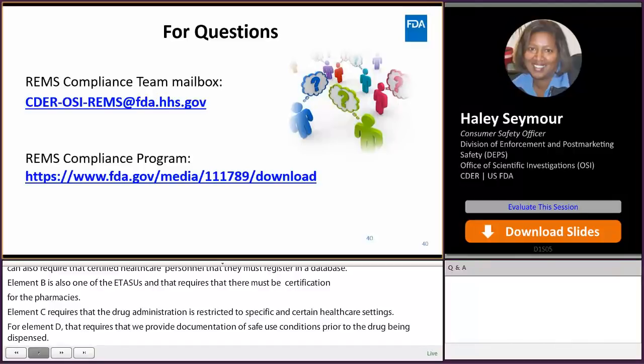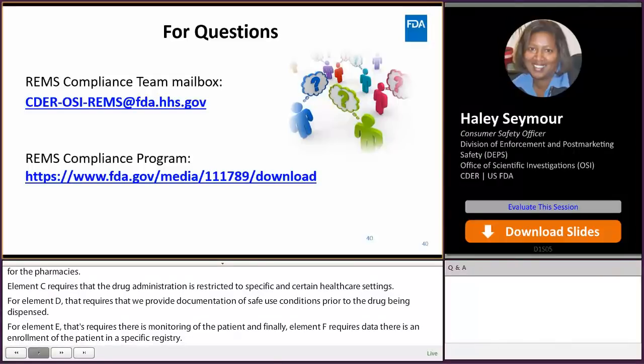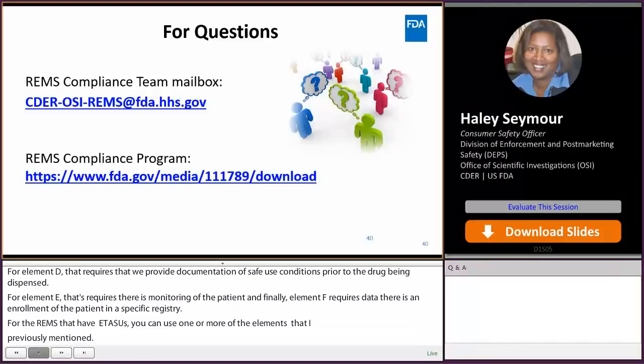So for the REMS that have ETASUs, you can use one or more of the elements that I just mentioned. So you could have element A, B, C, D, E, or F, but it can only be one or more of the elements, and that is used to mitigate any known serious risks associated with the drug.